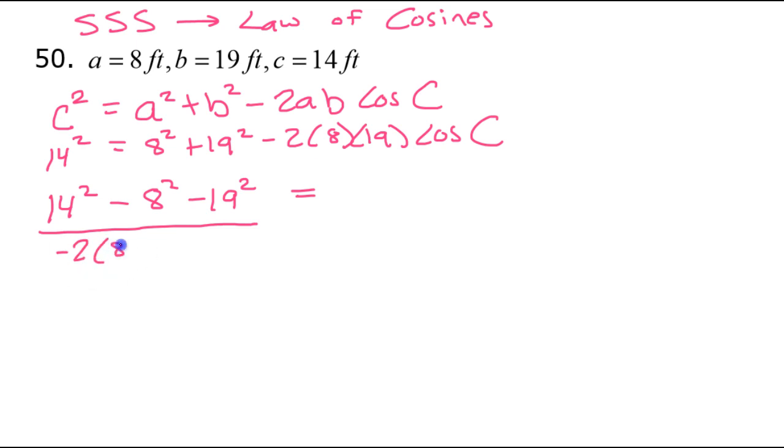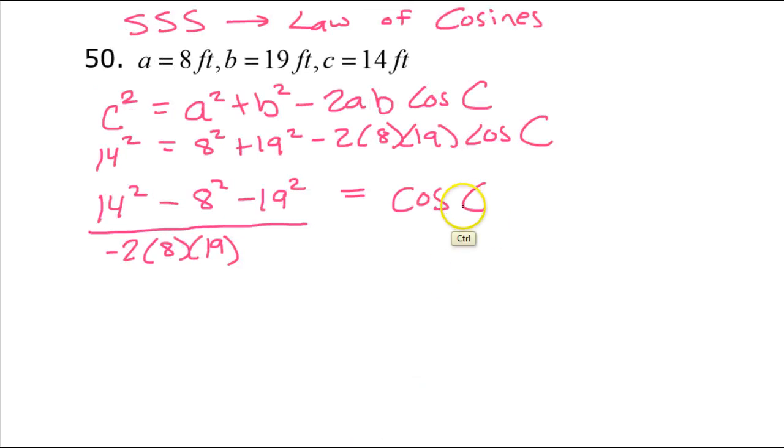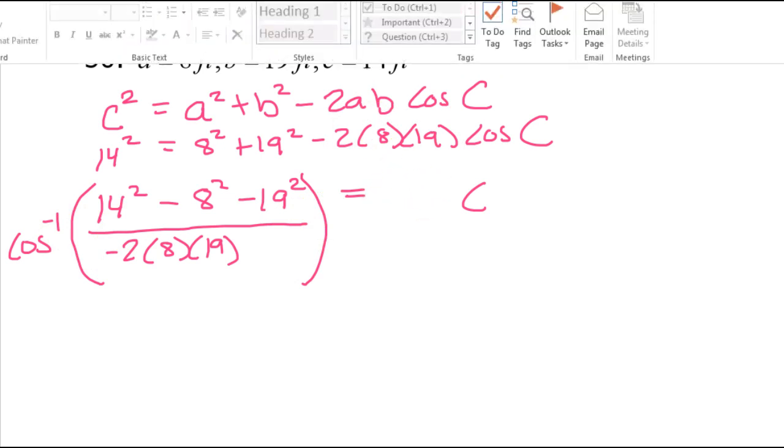So negative 2 times 8 times 19, all right, so that will equal the cosine of C. But I don't want the cosine of C, I want the measure of angle C. To find the measure of angle C, I need to do the inverse cosine. So I actually need to do the inverse cosine of all of this, and if I do that, it will give me the measure of angle C.